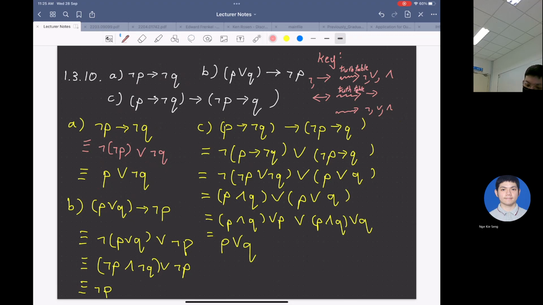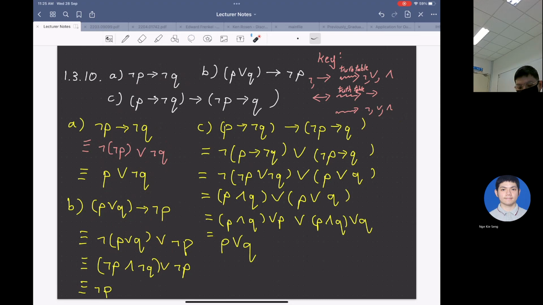Let's see an example again. P or Q implies not P. How do you go from implies to or? You negate the first statement, or the second statement. And from here to here, what law do you use? De Morgan's law.